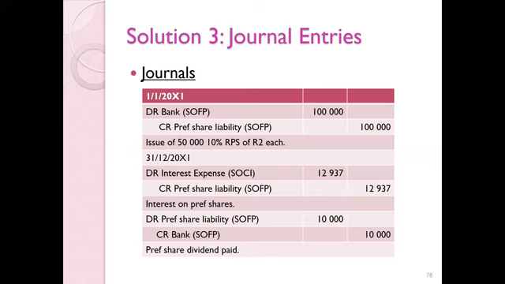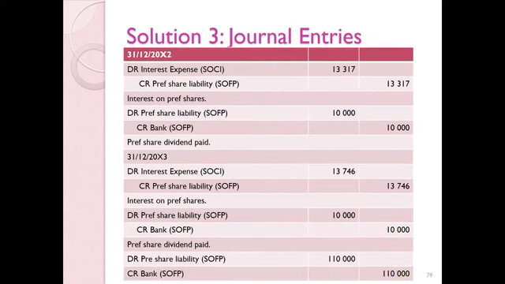When we account for the dividend, we are simply going to credit bank to reflect that actual payment, and our contra account will be debit preference share liability. Okay, so slightly different to what you would expect when you are dealing with an equity instrument. Here we are treating these preference shares as a debt instrument and accounting for interest and an annual payment.